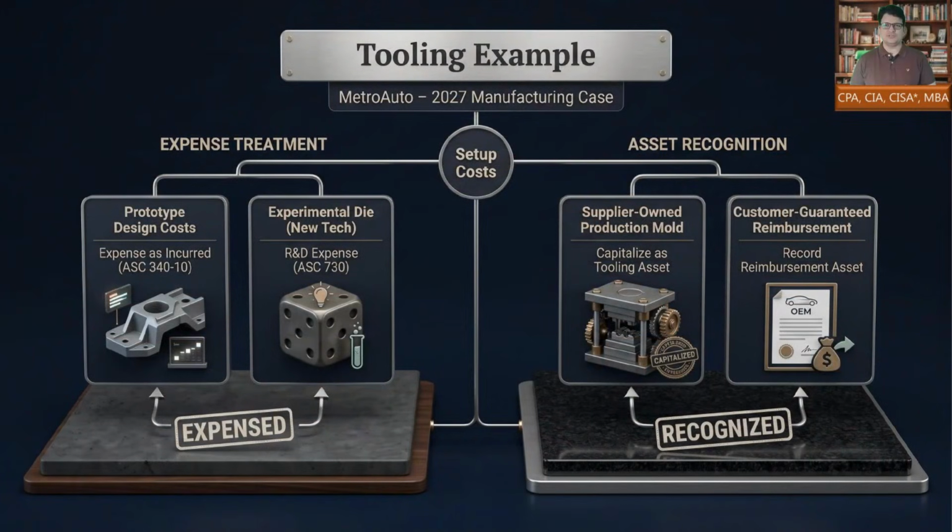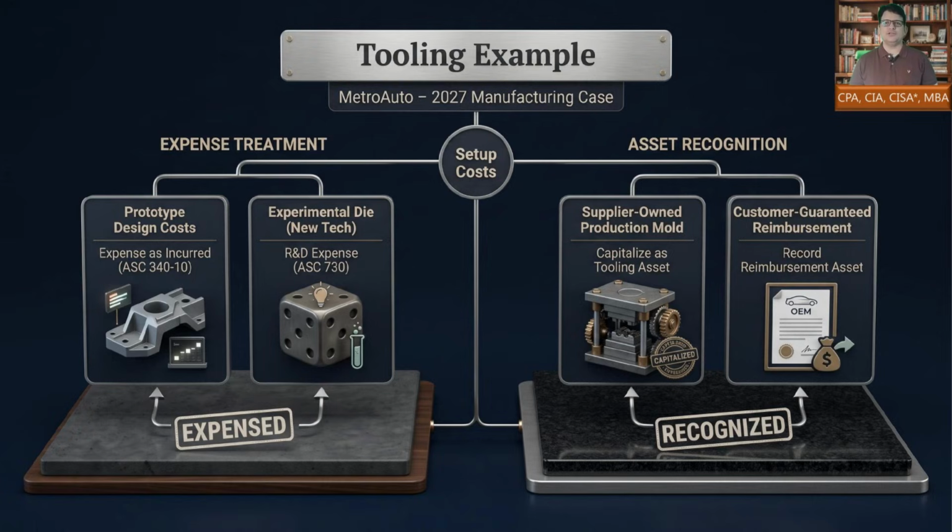Consider the MetroAuto example. MetroAuto enters a 5-year supply arrangement in 2027. Prototype design costs are expensed because design effort alone does not create a separately identifiable asset under this model. A supplier-owned production mold may be capitalized because MetroAuto owns it and expects to use it over the supply arrangement.